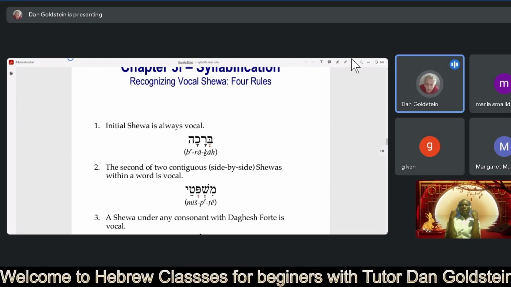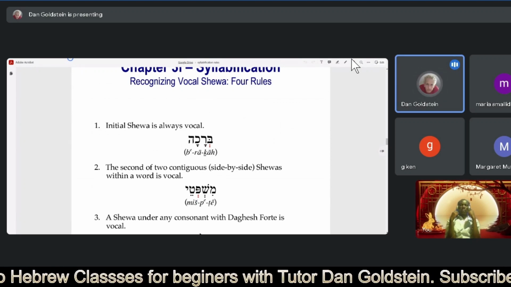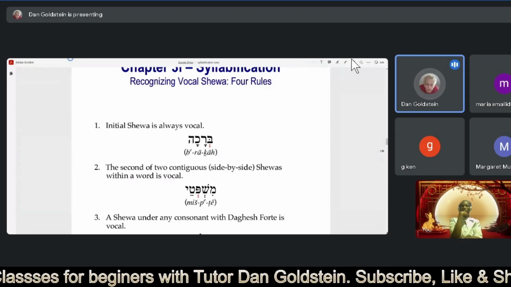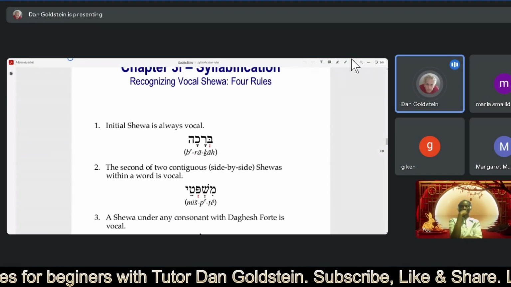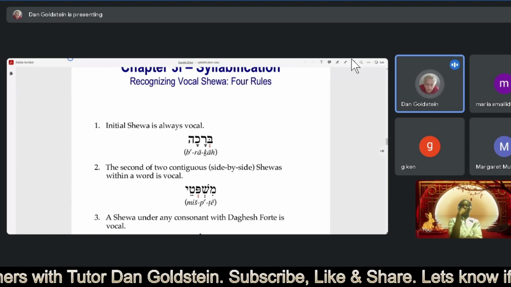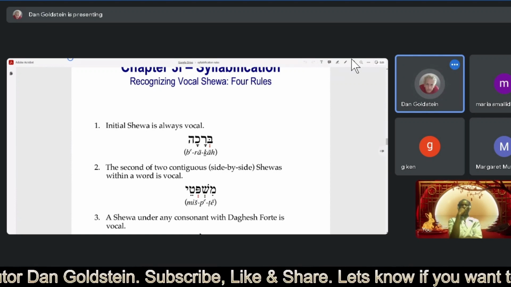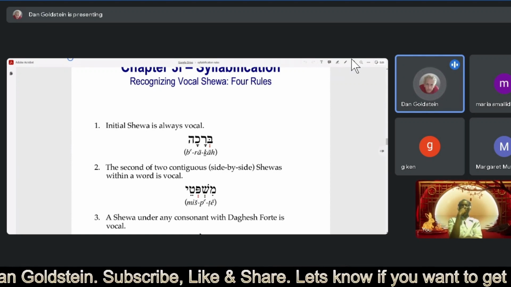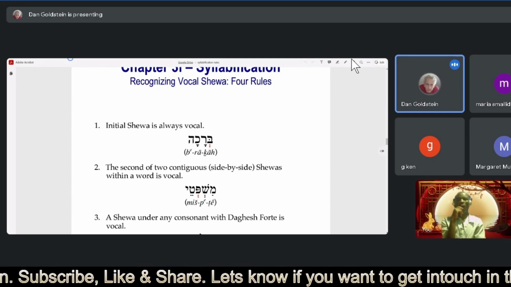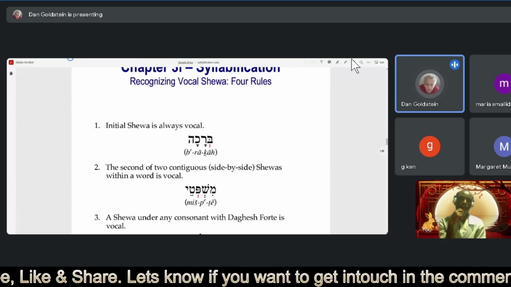That means that we pronounce the schwa when it's under the first letter in a word. So, for example, in the word bracha, although it goes very fast, Gideon, and we don't want to get too locked into these rules such that we stop pronouncing in a normal, natural way. But technically, the schwa is vocalized under the first letter of a word, and it constitutes its own syllable. But in normal speech, it goes fairly quickly, okay?